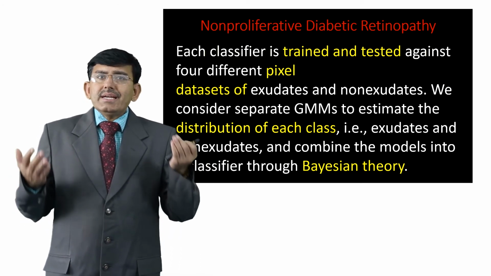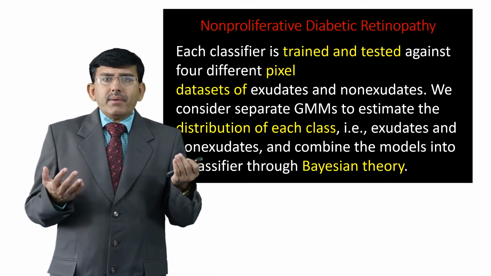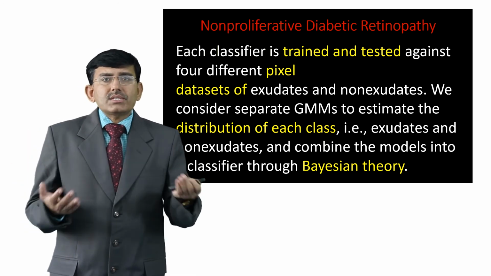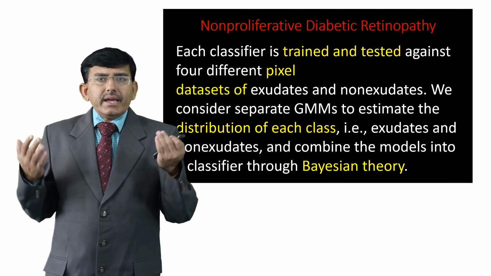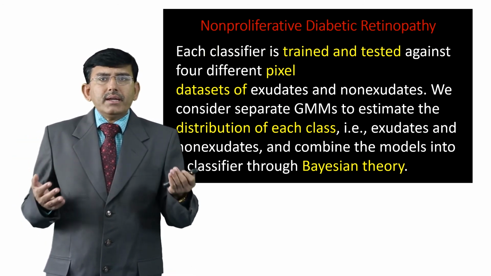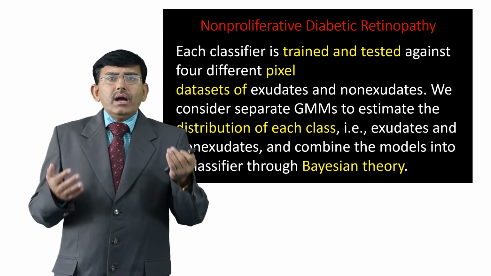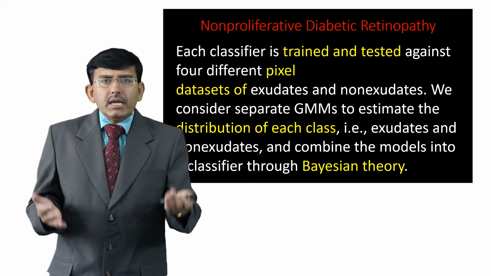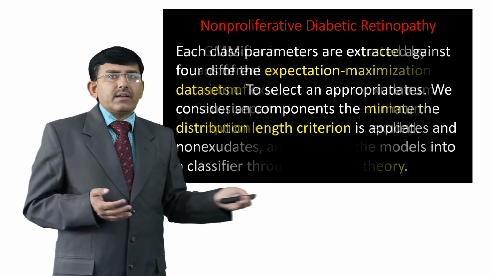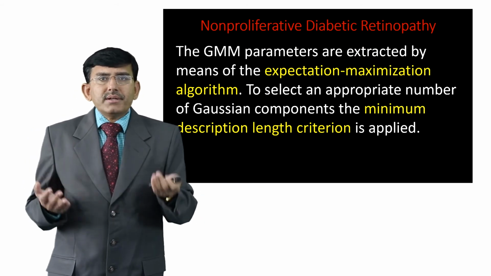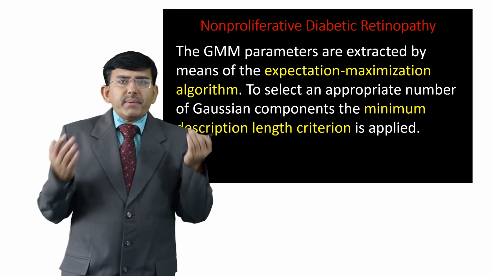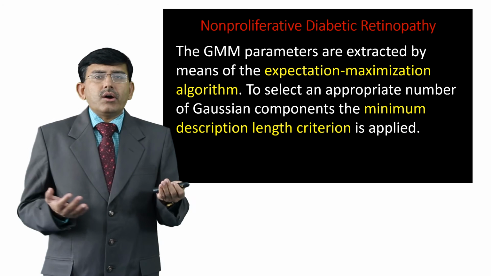We consider separate GMMs to estimate the distribution of each class, that is exudates and non-exudates, and combine the models into a classifier with the help of the Bayesian classification technique. The GMM parameters are extracted by means of the expectation maximization algorithm.